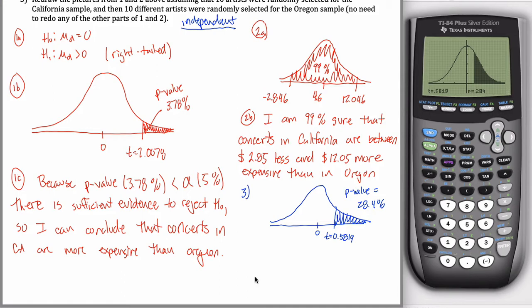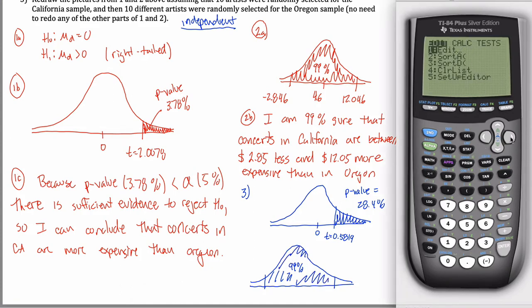Now I'm going to redraw the confidence interval picture, and then I will be done with this problem. So I'm again doing my best to draw a normal distribution. They don't always look that pretty. And I want a 99% confidence interval still. But what's different is instead of selecting t-interval, I want to select two-sample t-interval. So stat tests, and then let's find two-sample t-interval.